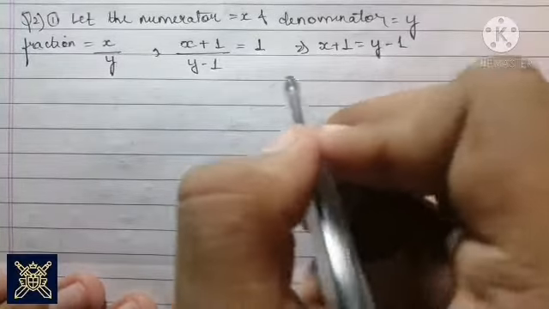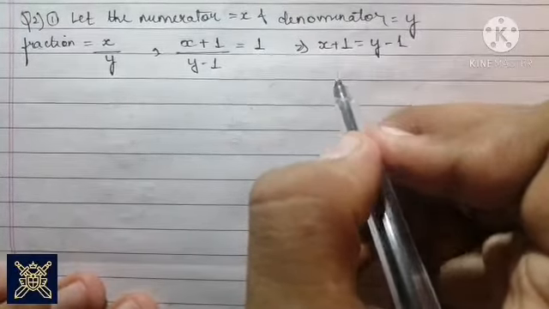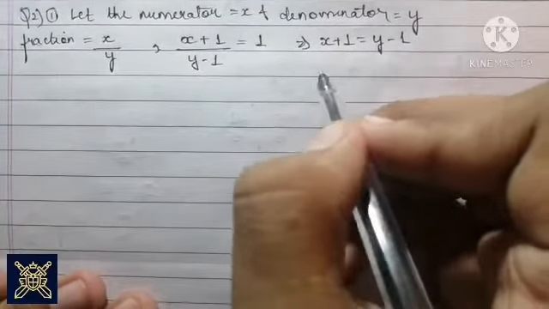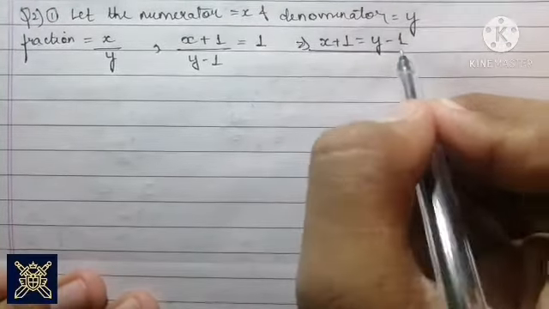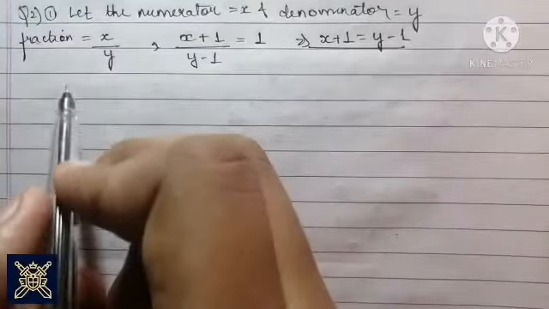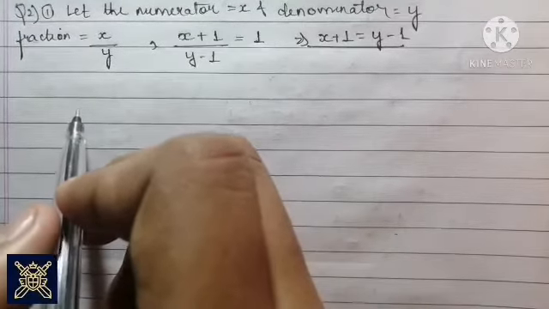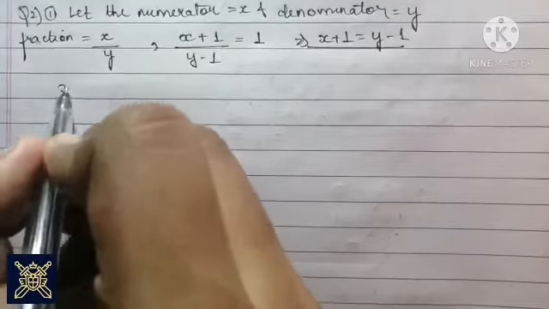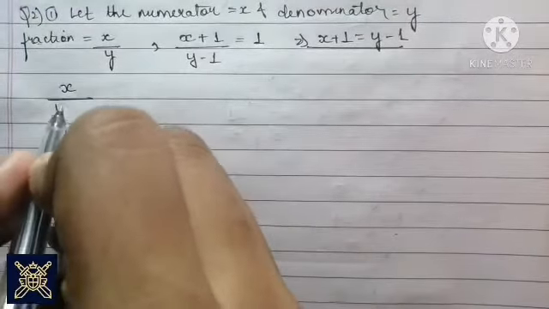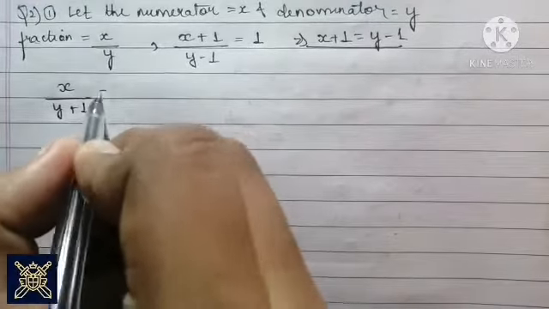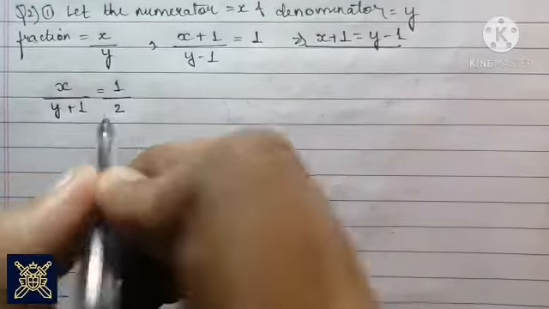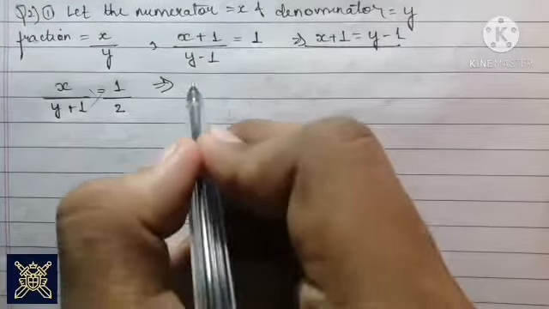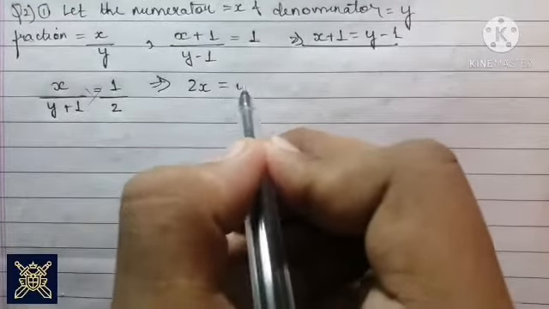Also, the second part says that it becomes half if we add only 1 to the denominator. So the fraction will be x upon the denominator, that is y plus 1, and this is equal to 1 upon 2. Now when you cross multiply, this implies that 2x is equal to y plus 1.